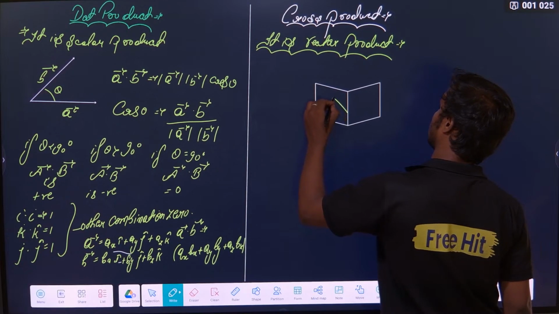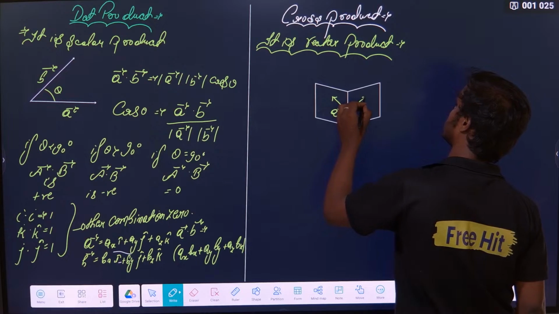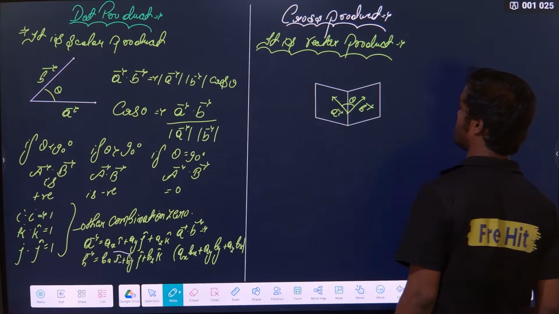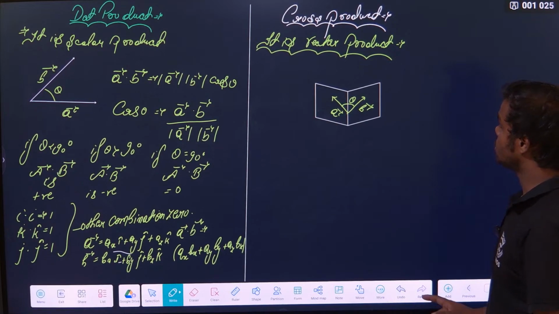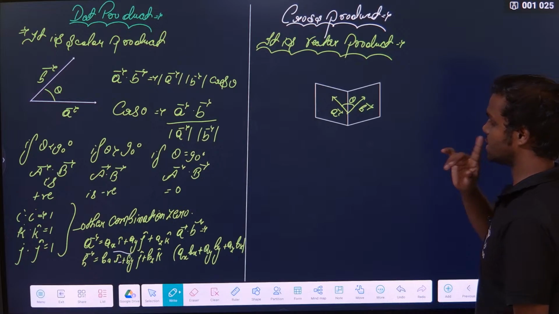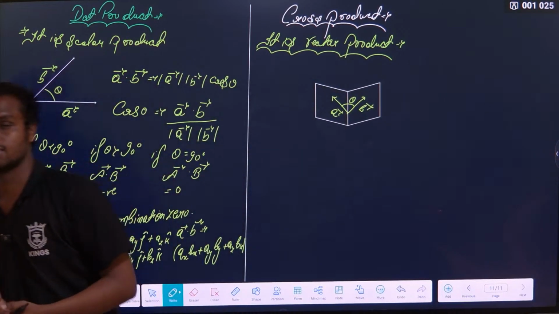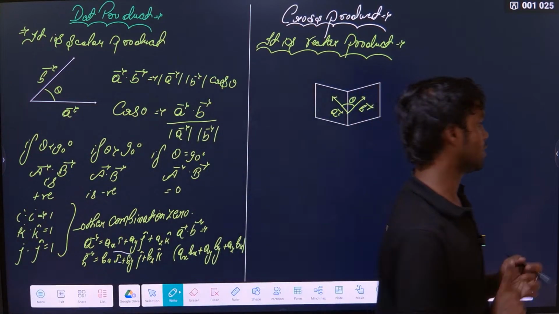Suppose one vector is vector A in this plane, and another vector is vector B in this plane. Correct? And the angle between them is theta. Then, it is a vector product, which means it will have a magnitude as well as a direction. Then the question arises how to find the magnitude and how to find the direction. So first we will understand how to find the direction.